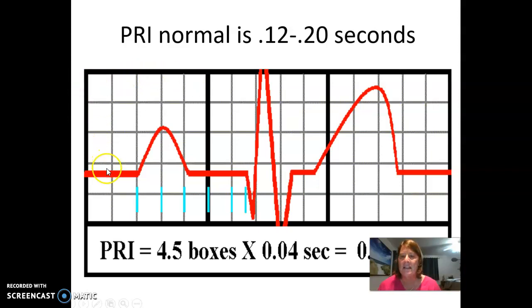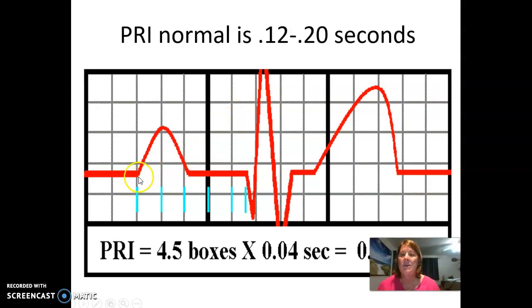Within each box of the ECG paper, there are tiny baby boxes, and each of these little baby boxes is 0.04 seconds of time. So there's 5 of them, 0.04 times 5, that's how we're getting our 0.20 for the big one. If we're looking at ST elevation, then we look at these boxes. If we're going this way for voltage, then it's 1 millimeter of voltage. But when we're going this way, we're measuring time.